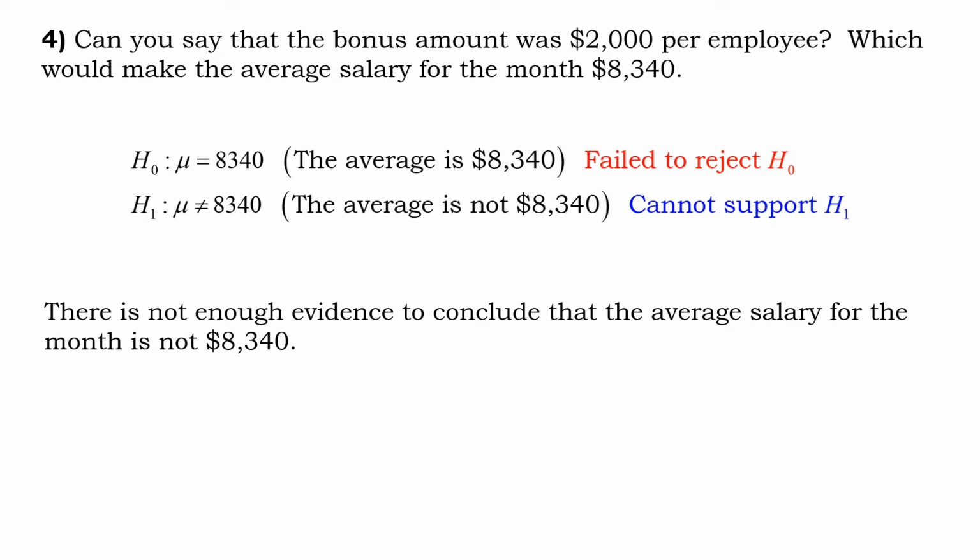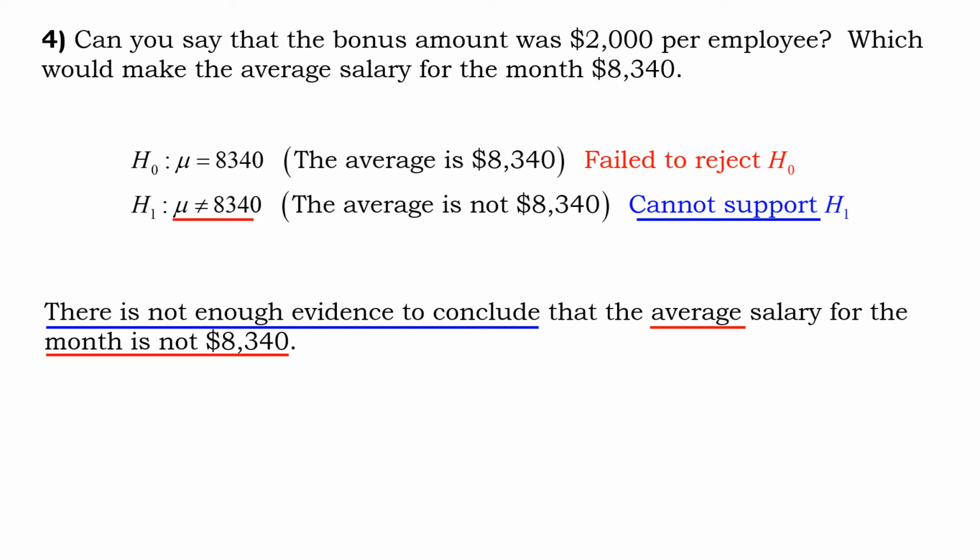Okay, so how do I get that conclusion? Break down the phraseology here. I cannot support. Why can I not support something? Because there was not enough evidence to support it or to conclude that it's true. Now, what is it I cannot support? I cannot support the statement that the average salary in this month is not $8,340.